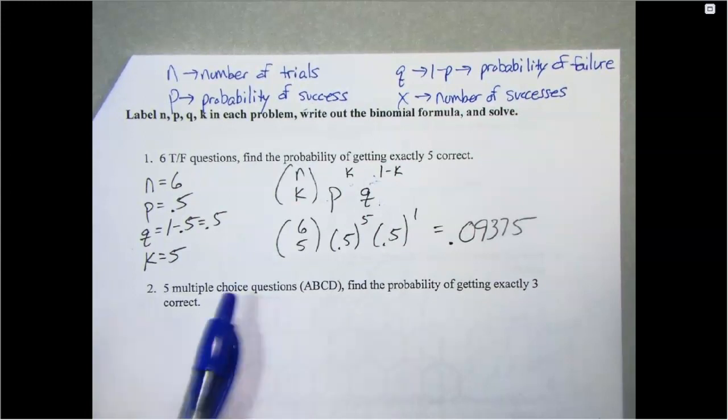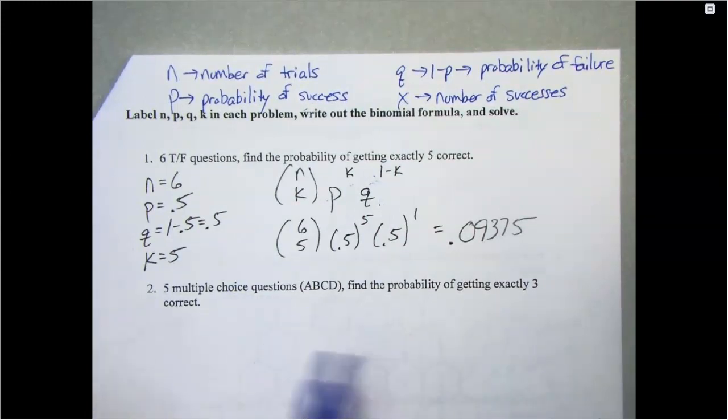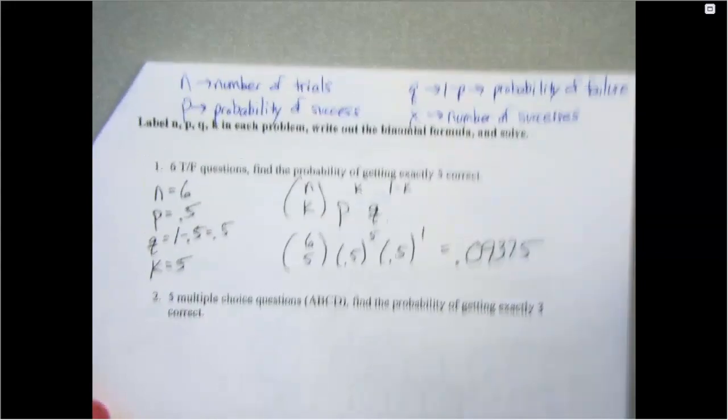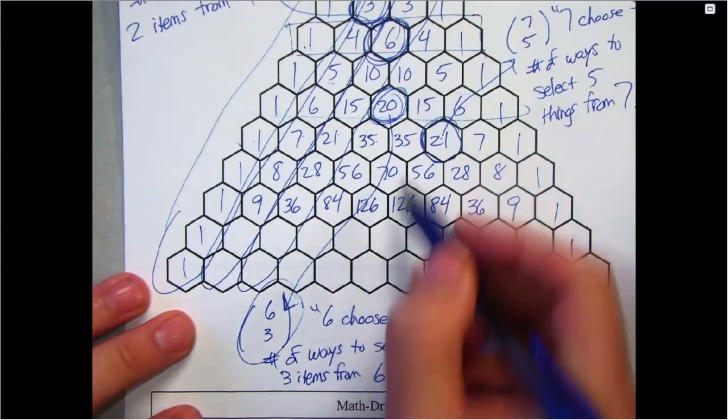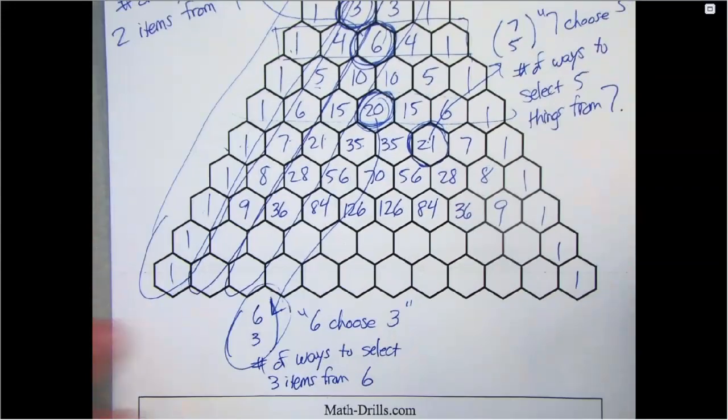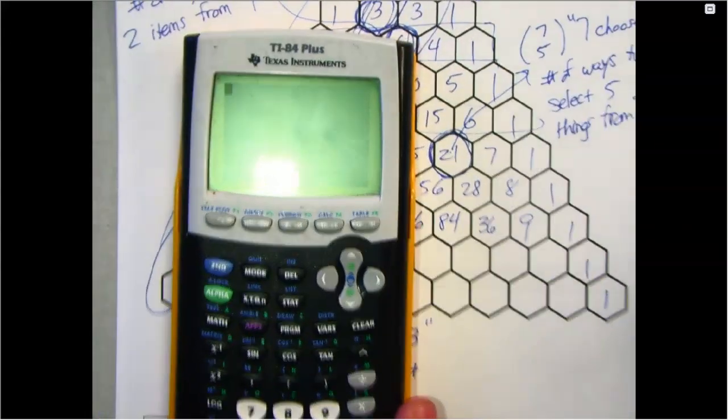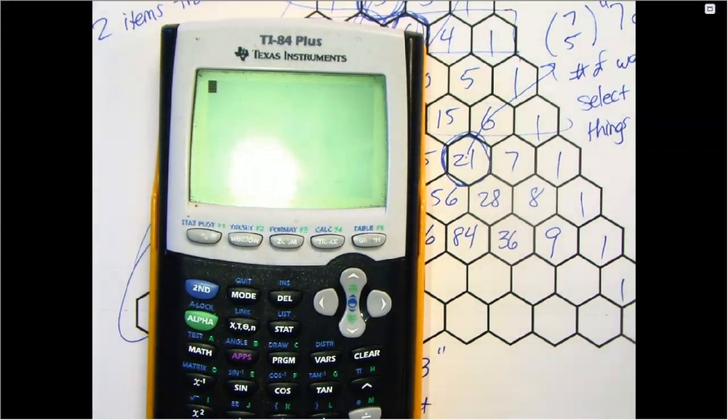Does anybody need me to stay on this page so you can see that stuff? Okay, so in your calculator, let's say I wanted to find this 6 choose 3, which we know is 20 by looking at the table. But your calculator does it too, so get out your fancy TI-84. And you can do either.